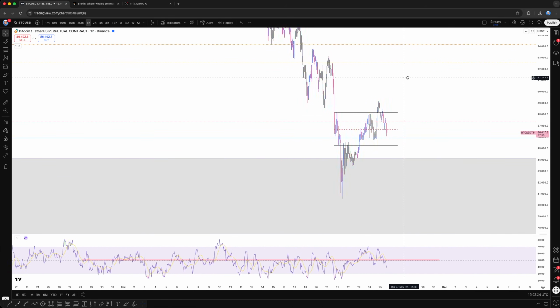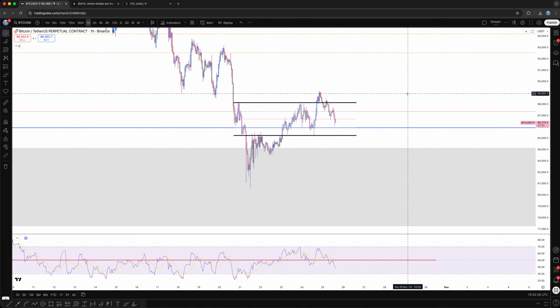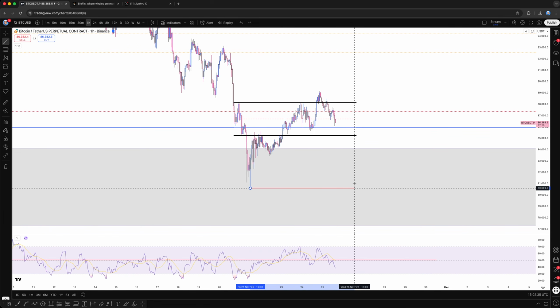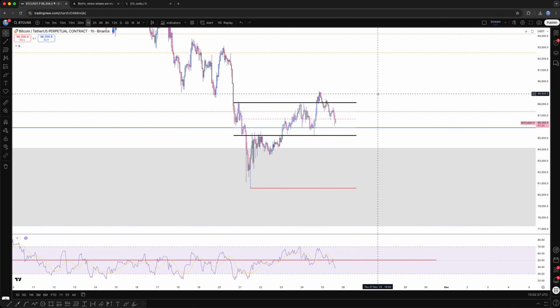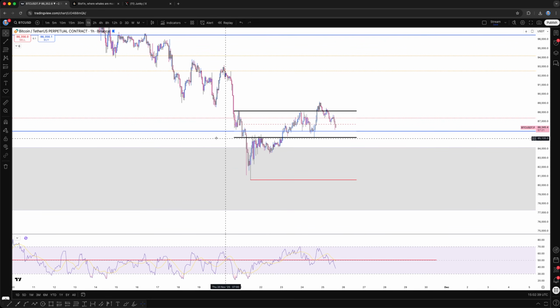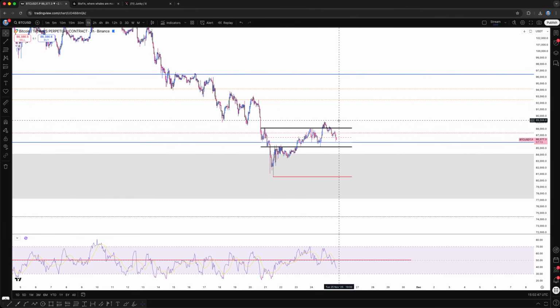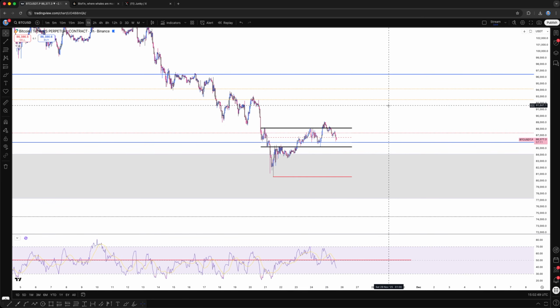Remember that we are at value area low of the range. Should we break the range below, my only interest will be down at the low here at 80k, and should we start to break after an accumulation on this range to the above, buyers could be interested for a much bigger swing long, but we need to see the development.